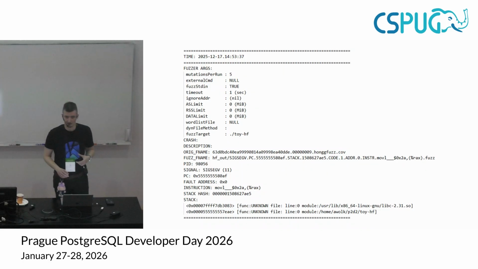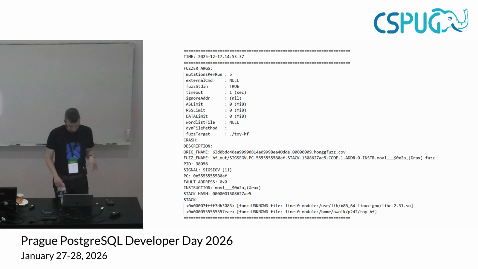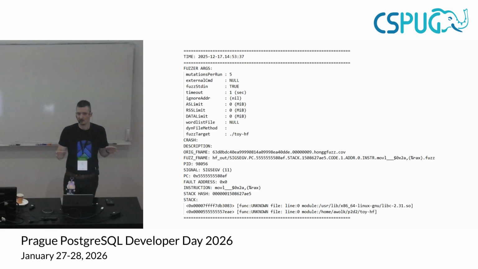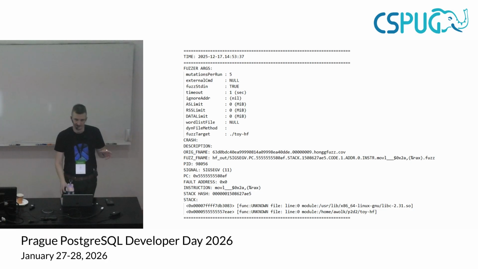If we look at a sample example of a report generated by Honggfuzz on the test toy example, a lot of this is not important right now except for the fuzz name, which is just like a file placed on disk by the fuzzer, which is, hey, I used this input to obtain the crash that you are looking at right now.